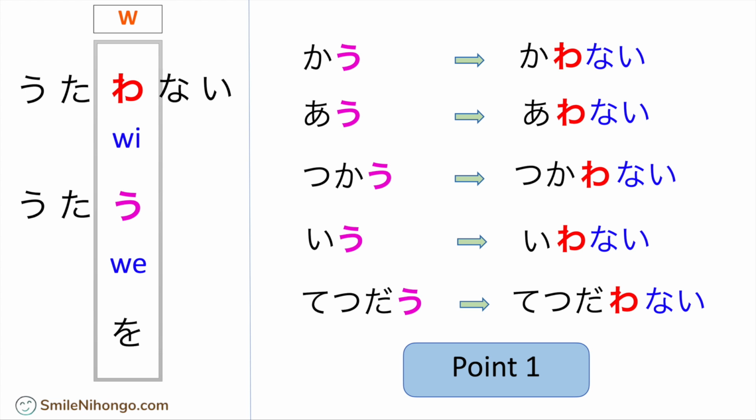Be careful with u verbs that end in ひらがなう. Okay?